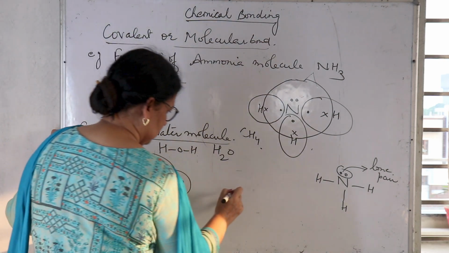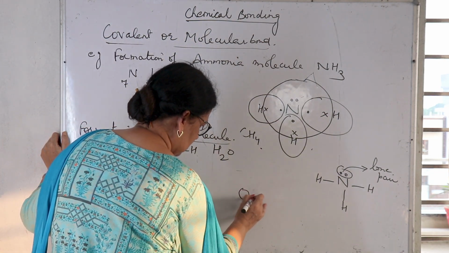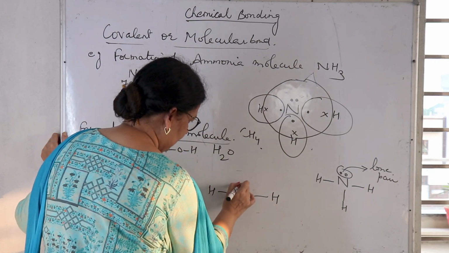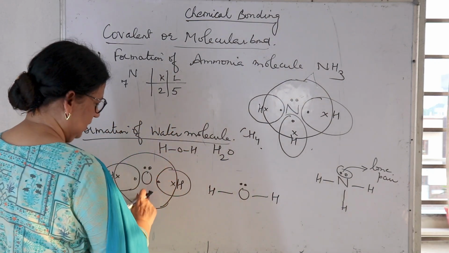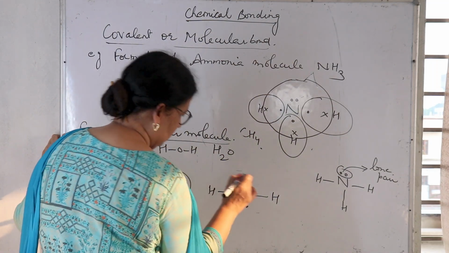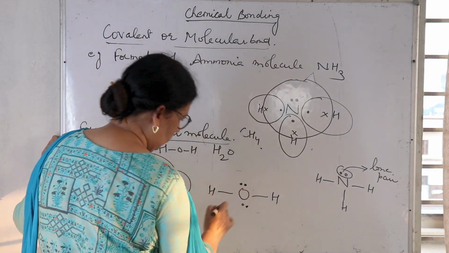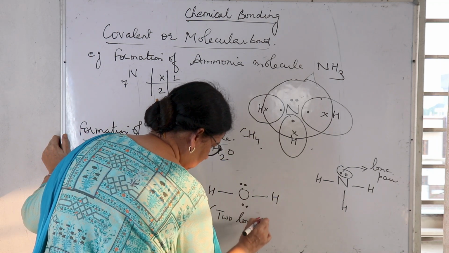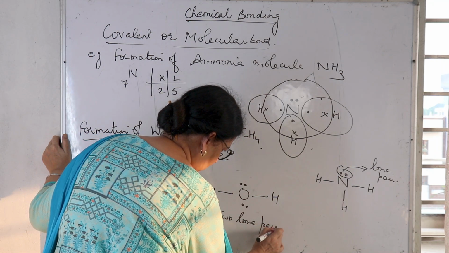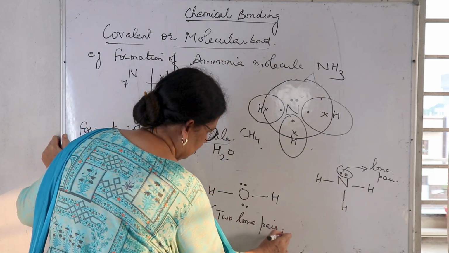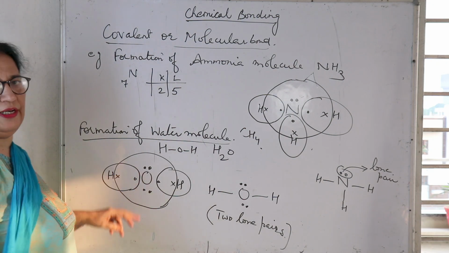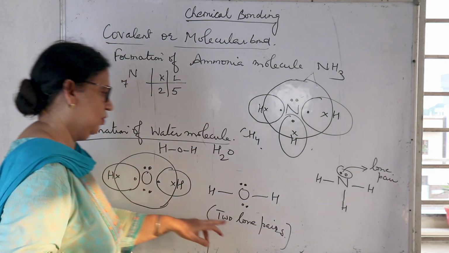So structure is like one single bond, and here one lone pair is there, and here also lone pair is there. So 2 lone pairs are there on oxygen in water molecule. 2 lone pairs which do not form any bond, they are called lone pairs.